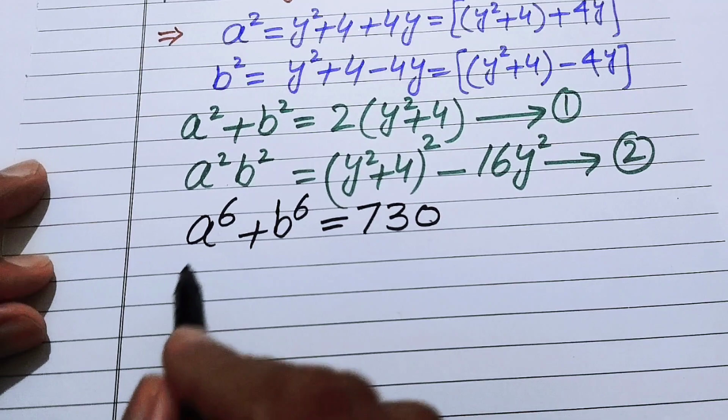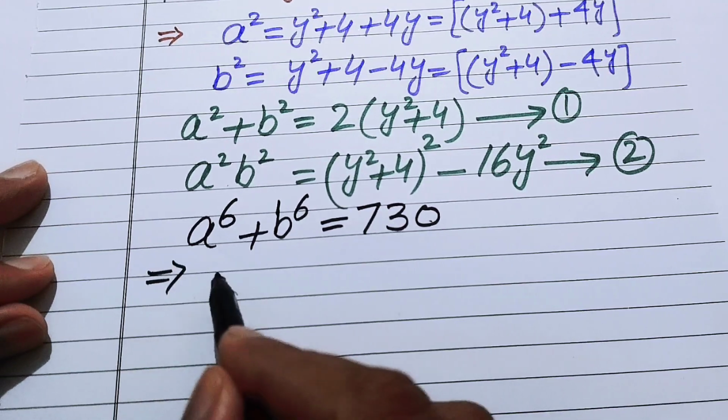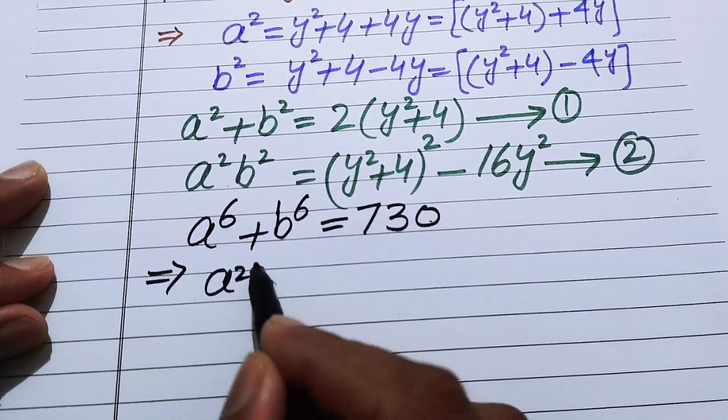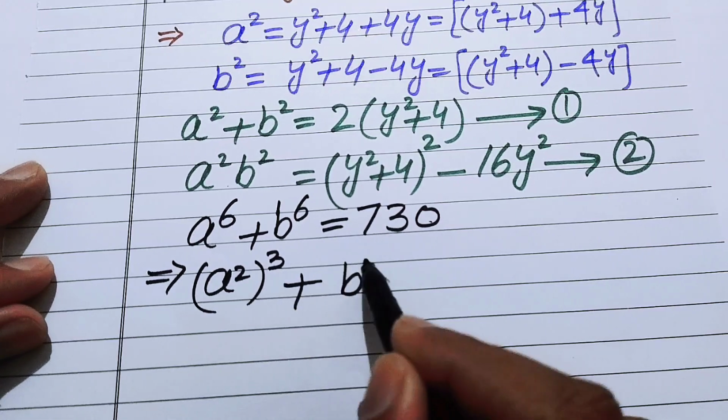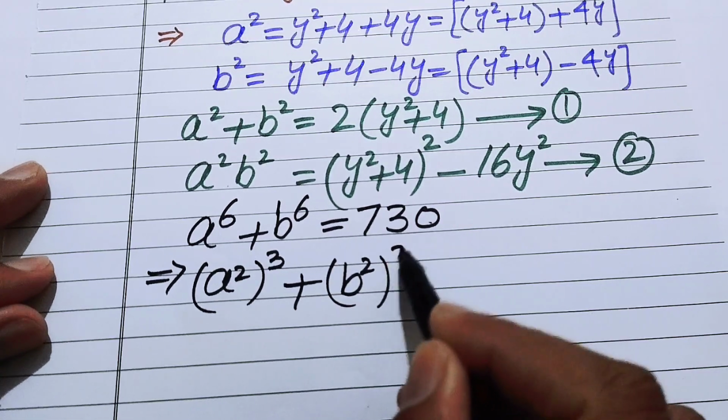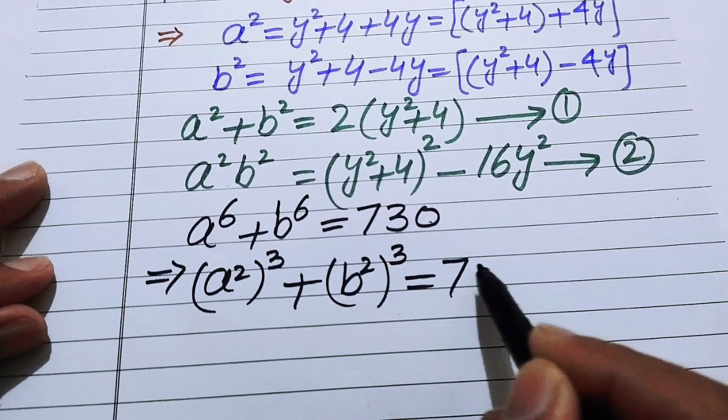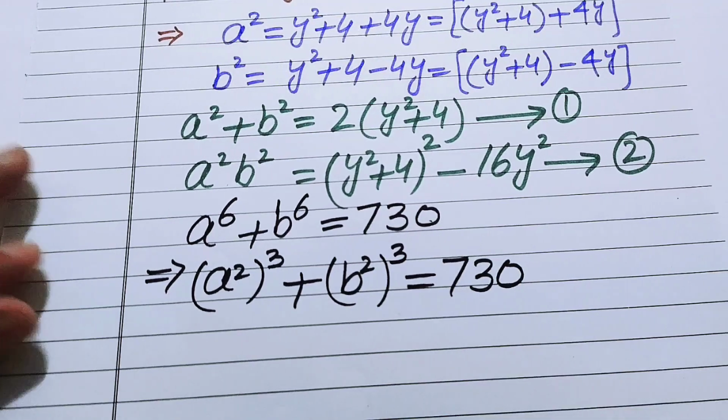Now first I can write a to the power of 6 as a squared and its whole cubed, plus we write b to the power of 6 as b squared and its whole cubed, equals 730.